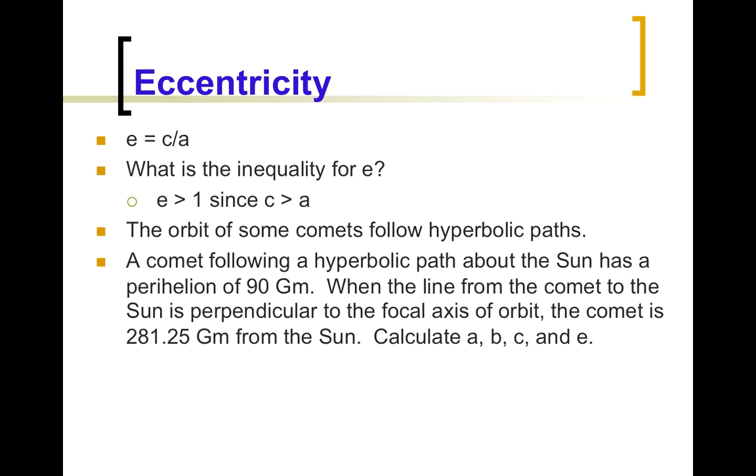We're not going to go through this entire problem, but what we have here is a comet following a hyperbolic path about the sun, has a perihelion of 90 gigameters. So that means this is the sun, and along its path, where it is the closest, which is right here, this distance is 90.